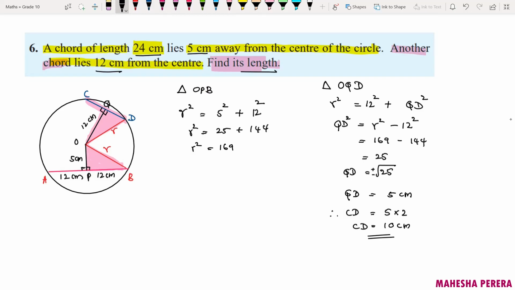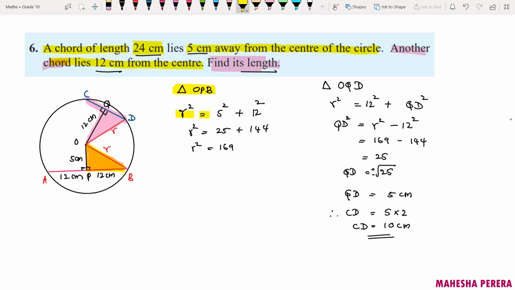P and Q. For us to find the length of CD, first we need to find the radius of this circle. So first I'm going to apply the Pythagoras theorem to this particular right angle triangle and find the radius, right? So we can write triangle OPB.